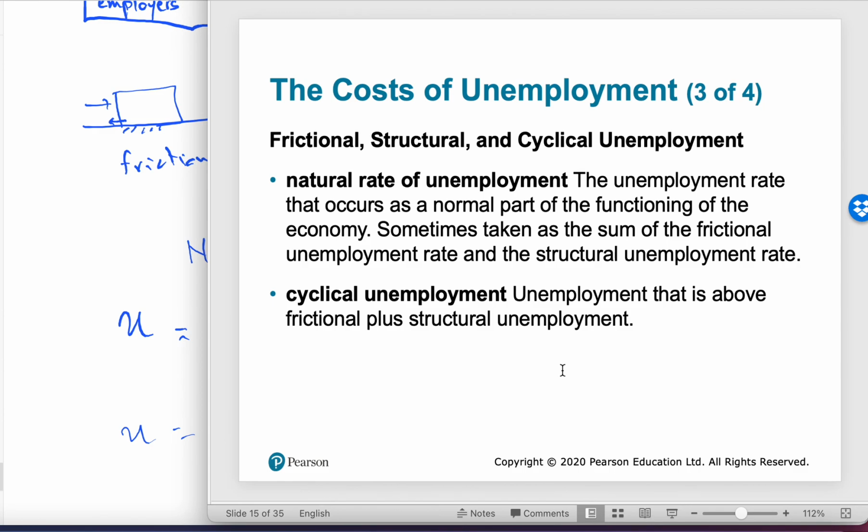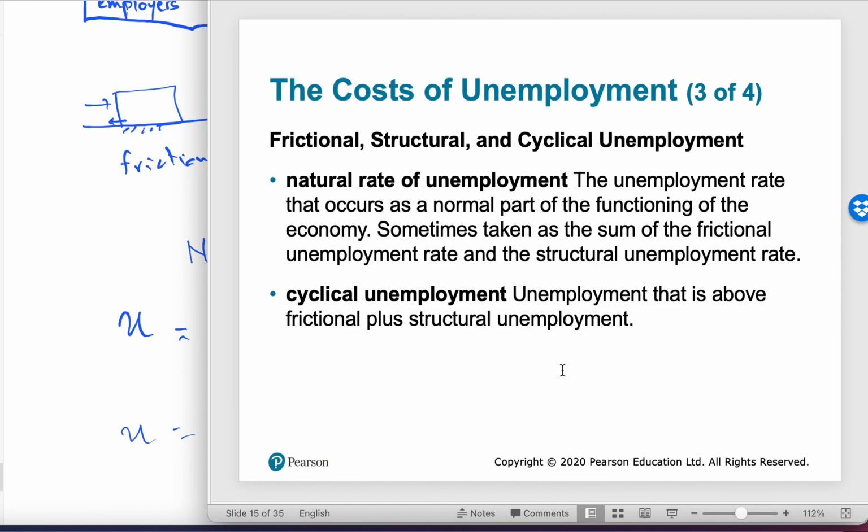And then, once you want to know to what extent we are in trouble, the closer you are to the natural rate of unemployment, the more normal the economy is. If it is too low, like 2%, whereas the natural rate of unemployment is 6%, this 2% is a trouble.